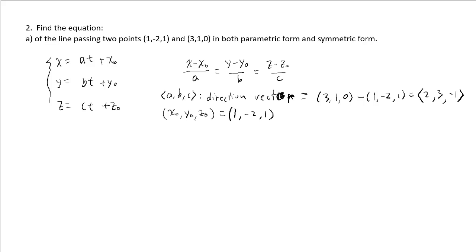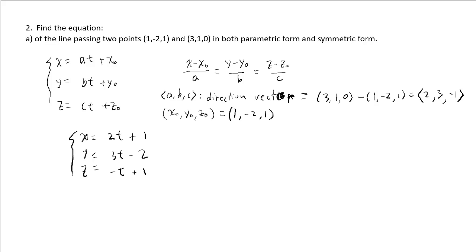This is the point, and we finally write it, in parametric form, as 2t, 3t, -1t from the direction vector. Now we have to put in 1, -2, 1 from the point. That's the one in parametric form.